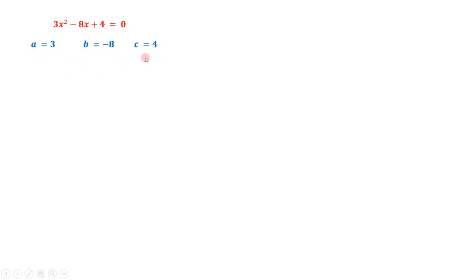First of all, we'll multiply this a with c. We'll have 3 times 4 is equal to 12. Now b can be obtained by adding negative 6 and negative 2. We're taking these two numbers because the product of these two numbers is equal to 12, which is the same as the product of a and c, 12.